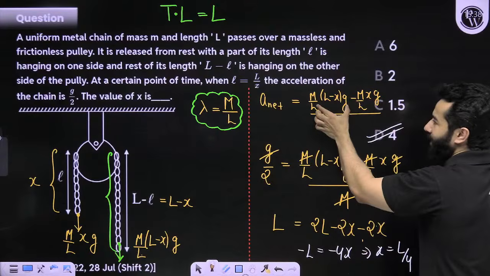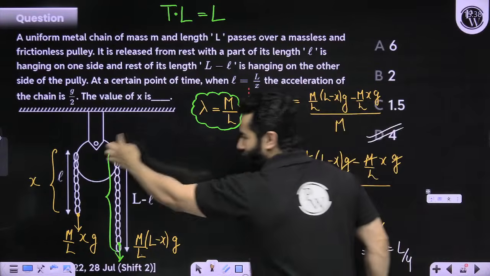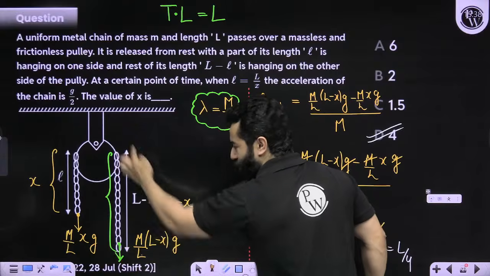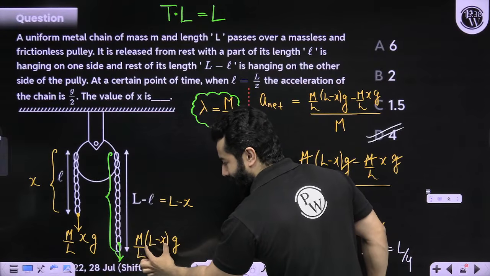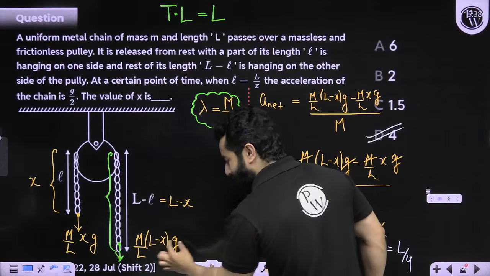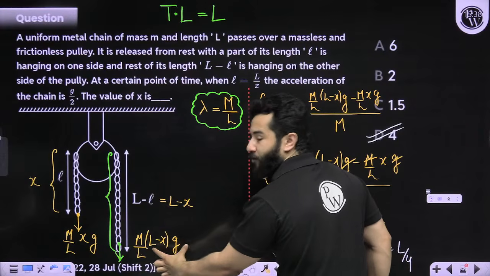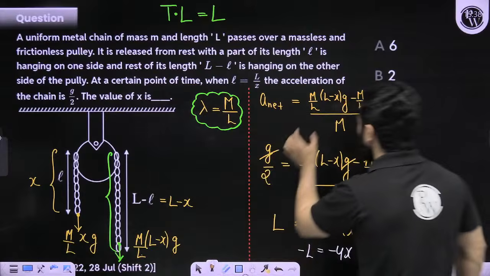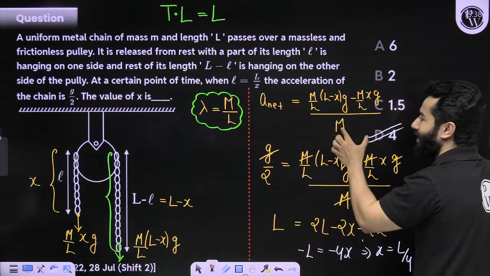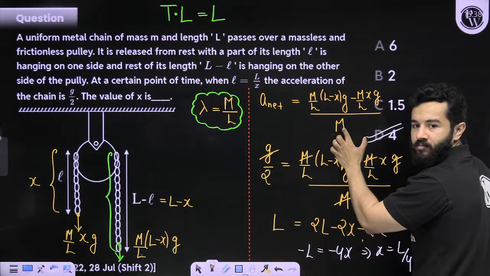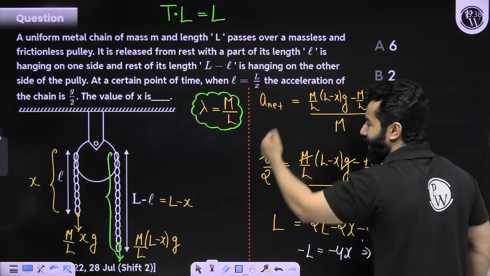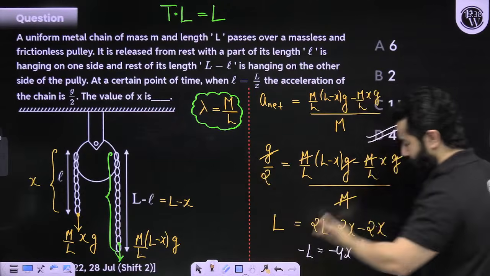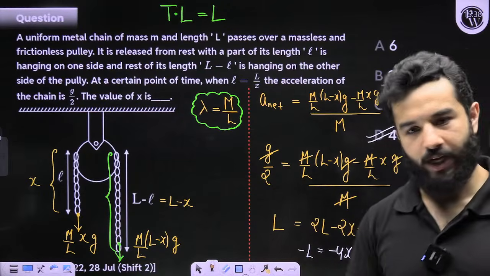That means the mass of this part of the chain acting downwards. So mass is M divided by L times length of this part times G. So this is M2G. This is M1G. So M2G minus M1G divided by total mass M. And they have already told you what is A net. A net is G by 2. After that you can get to the answer.